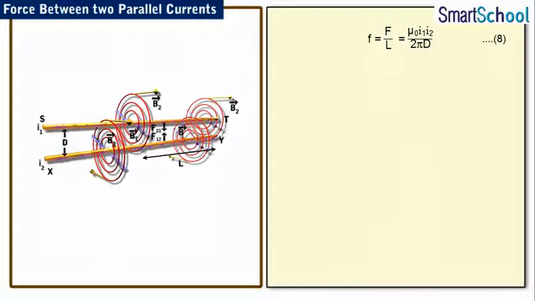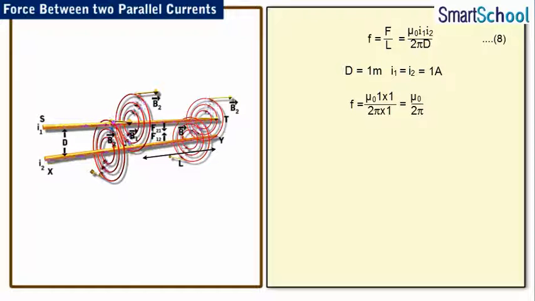Using this expression for force per unit length, let us now define the SI unit ampere. Let the distance of separation between the conductors d be equal to 1 unit, which is 1 meter. Let the current through the two conductors be equal to 1 unit, which is 1 ampere. Then, the force per unit length becomes mu naught by 2 pi.